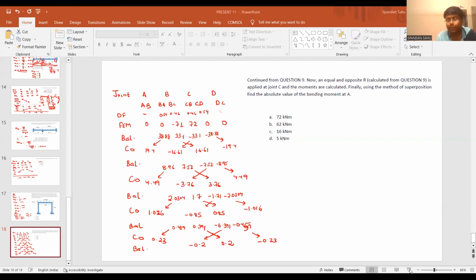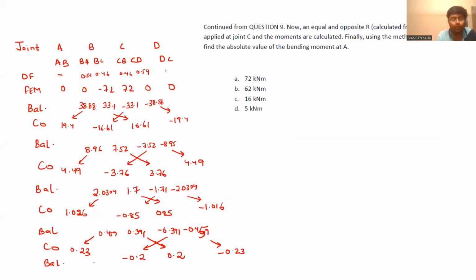Wait, make it. Where I was calculating 0.87.